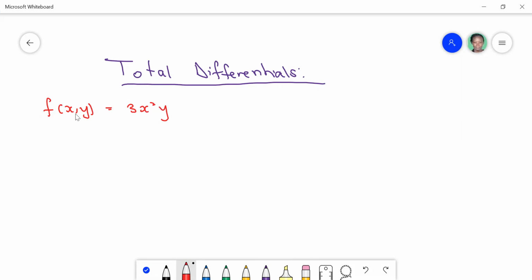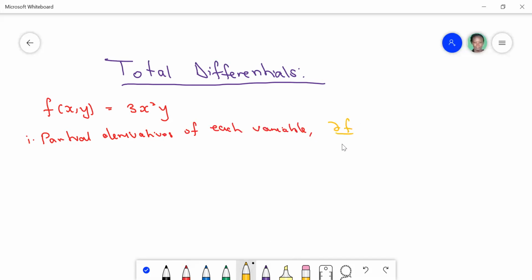Don't forget, because it's a function of what? Two variables, we first need to find the partial derivatives of each variable. So here I'm looking at the partial derivative of f with respect to x and the partial derivative of f with respect to y.